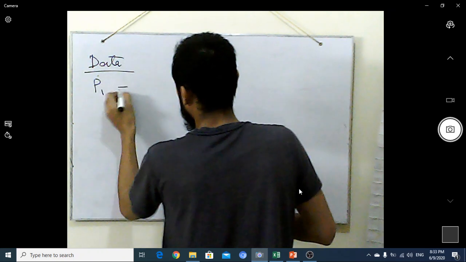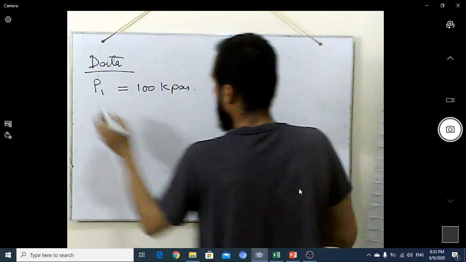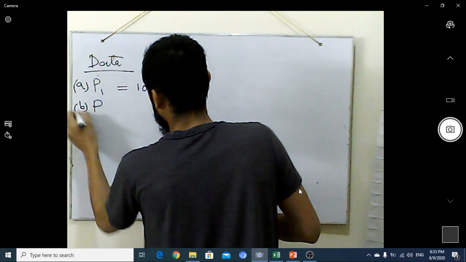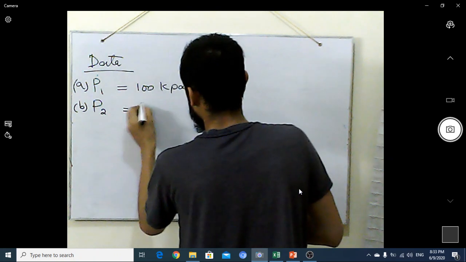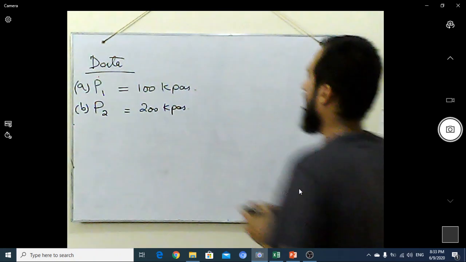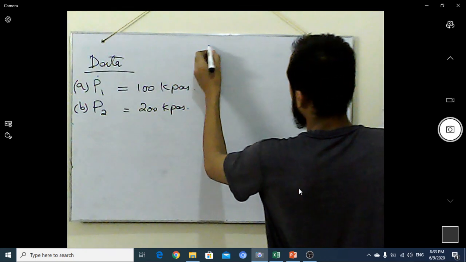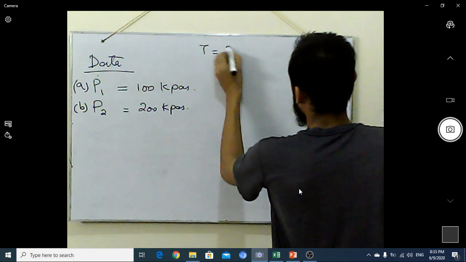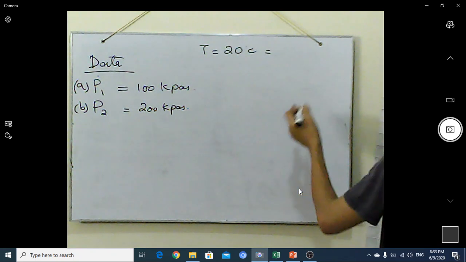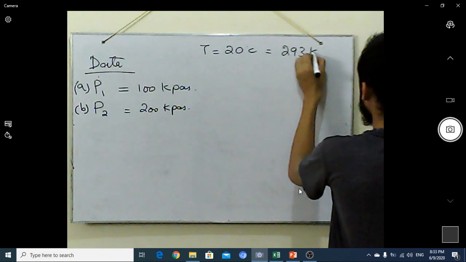Case 1, pressure 1 is equal to 100 kilopascals. For case 2, we have 200 kilopascals. On the other hand, they notify us that the temperature remains constant at 20 degrees centigrade. If you convert it into Kelvin, it becomes 293 Kelvin.